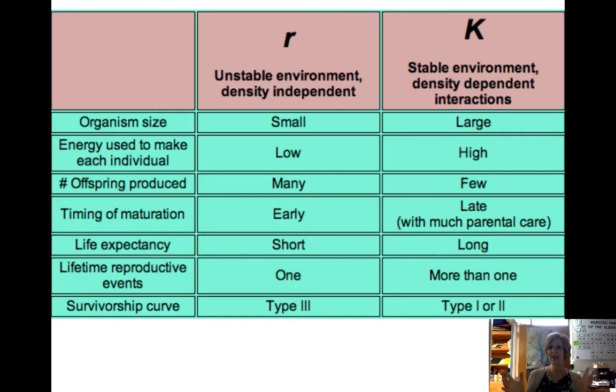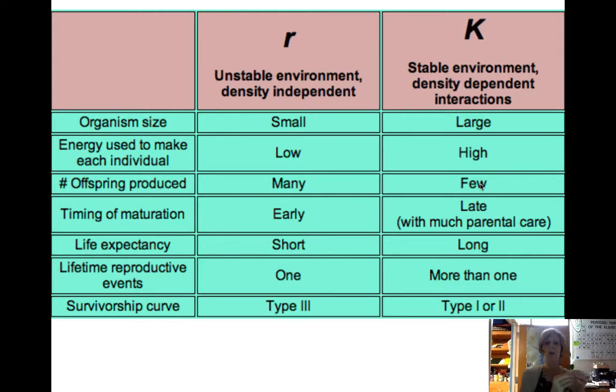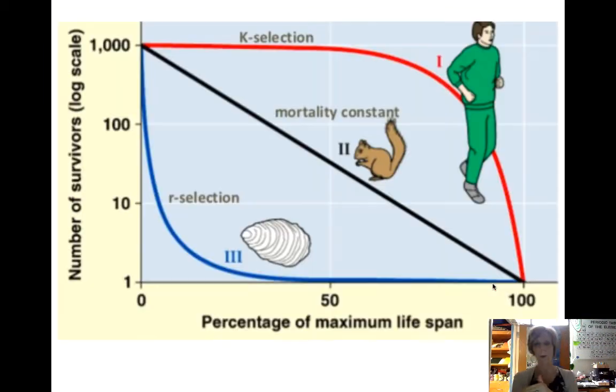If you are a K-selected species, you're more likely to be large and multicellular. You might not produce as many offspring. You might have longer parental care, a longer life expectancy, and we would usually categorize you as survivorship curve type 1 or type 2. So what are these survivorship curves?